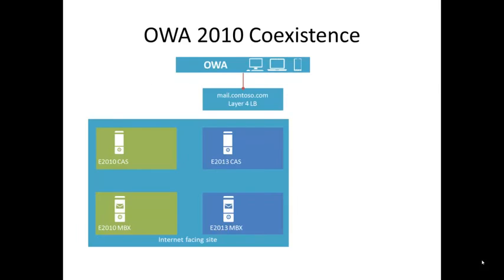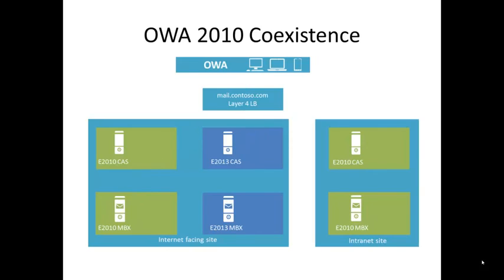In an OWA 2010 coexistence scenario, the client again will be presented the 2013 logon page, but in this case the request is proxied to the 2010 client access server, which will retrieve the data from the 2010 mailbox server just using the basic RPC protocol. And if we are using an Exchange server in another intranet site, again the request will be proxied to the 2010 client access server.